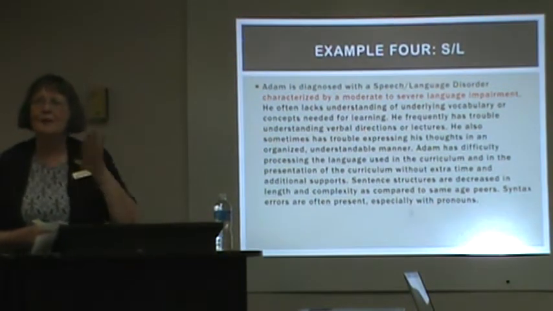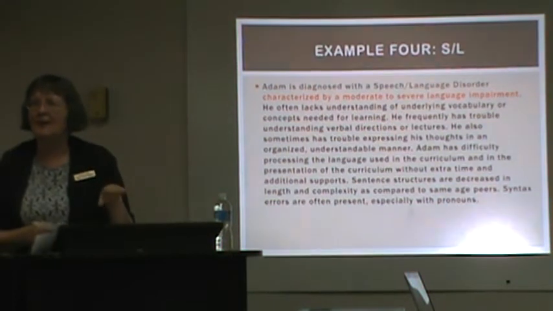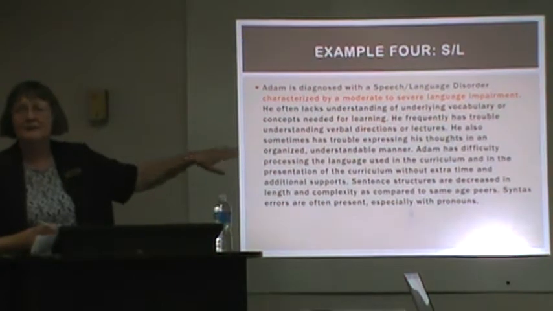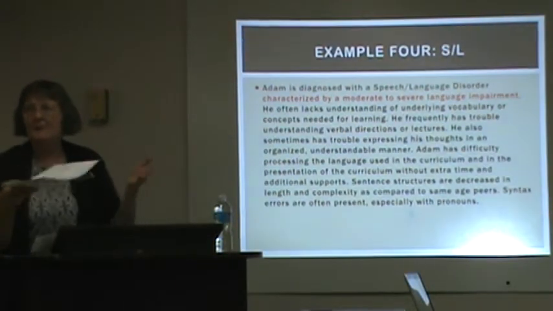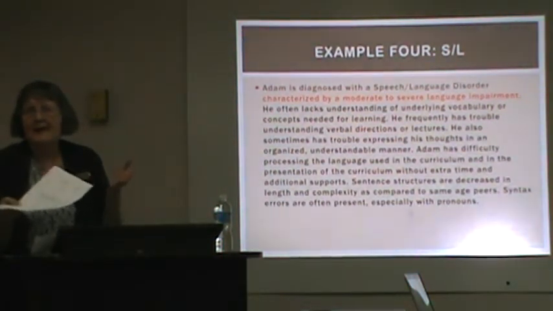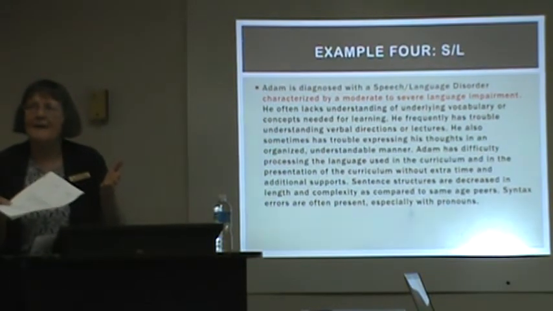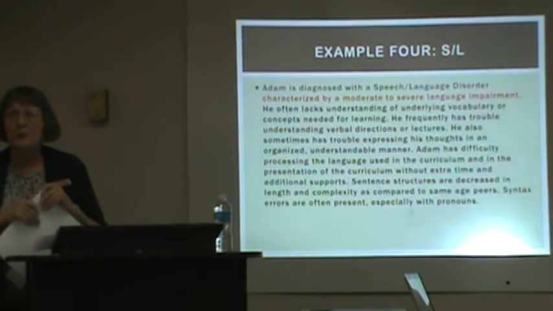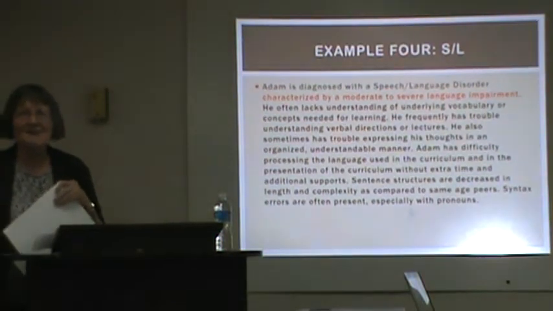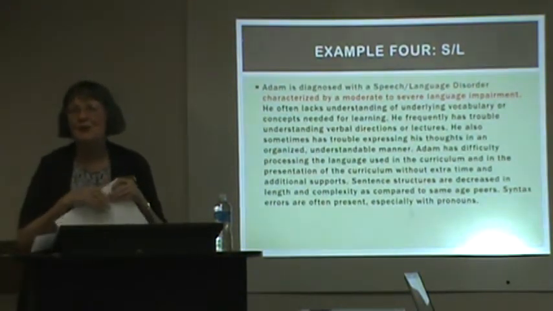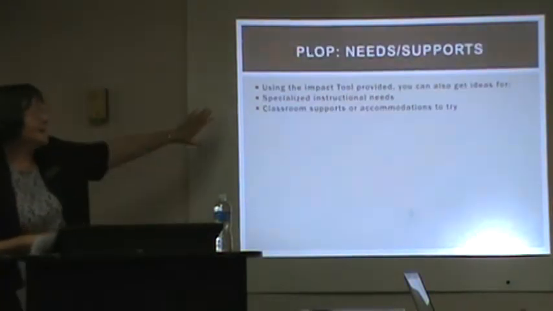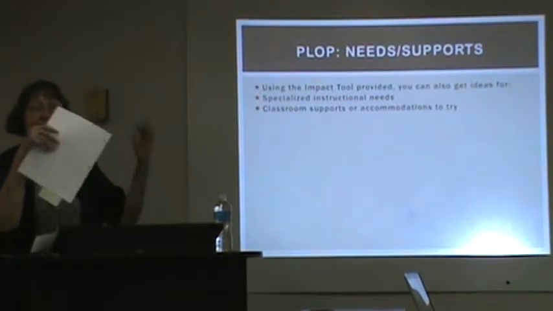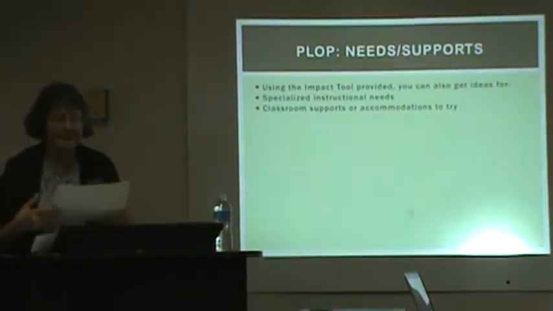I'll let the SLPs make their own example about that. But this is how it might look with them adding what exact characteristics that would be for Adam. I don't even know what the difference is between phonology and morphology, but the SLPs will know what to put. So they'll put the characteristics and then the impact at school.